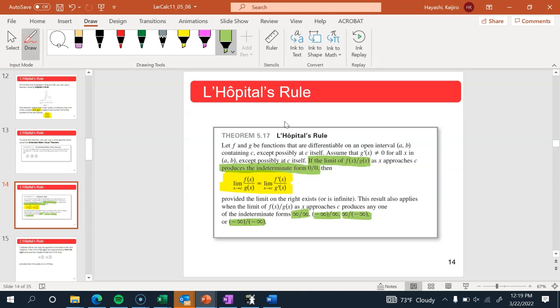I wouldn't want to call it a trick, but it's a useful way to get around having to do anything except take two derivatives. You don't have to cancel anything out. You don't have to do anything weird.